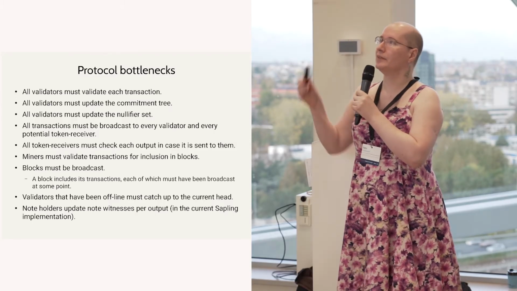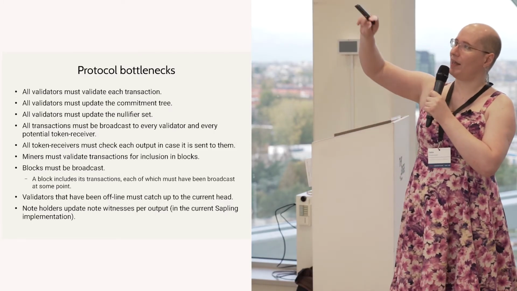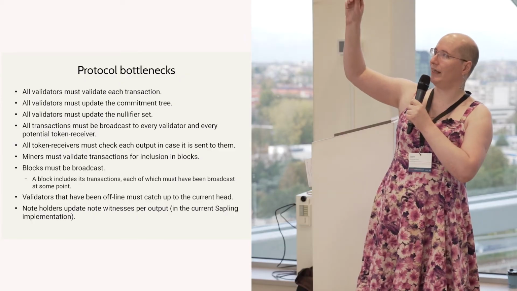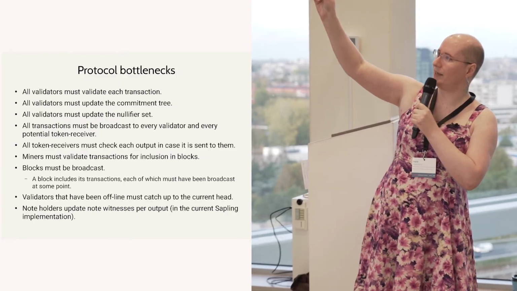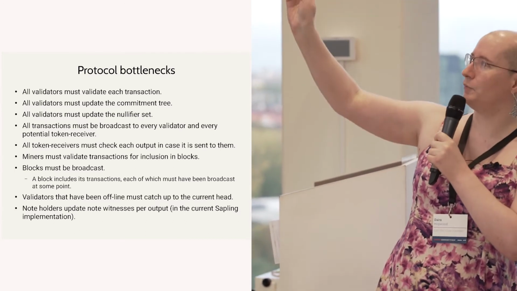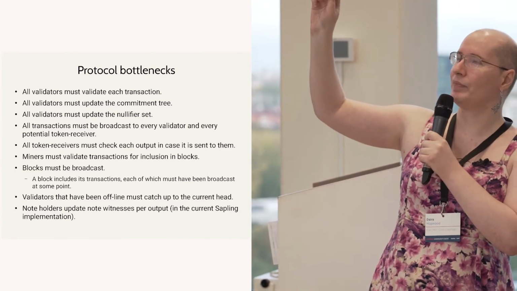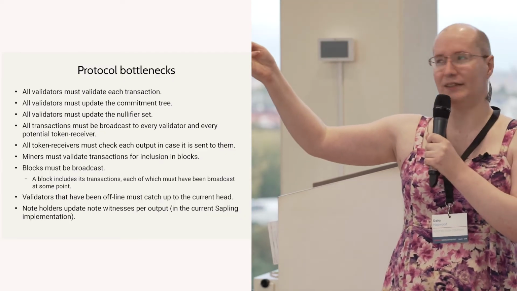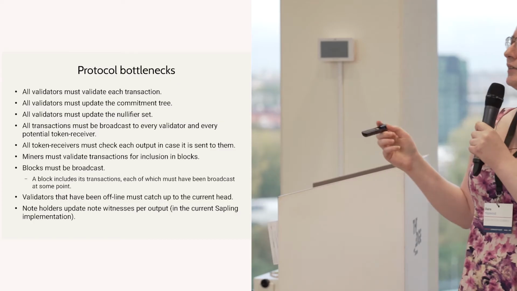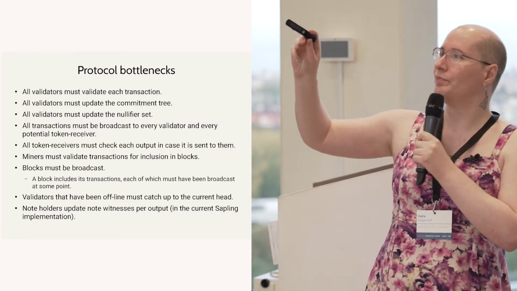So the bottlenecks. All of the validators of the blockchain have to validate each transaction, update commitment trees, and update nullifier sets. The transactions have to be broadcast, both to validators and to parties that are receiving notes or tokens in general.